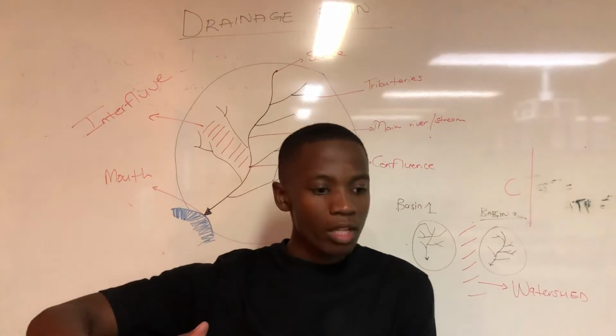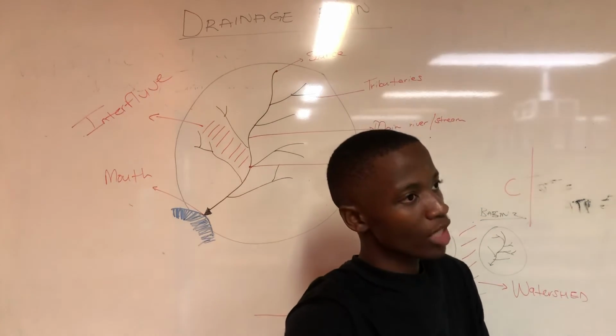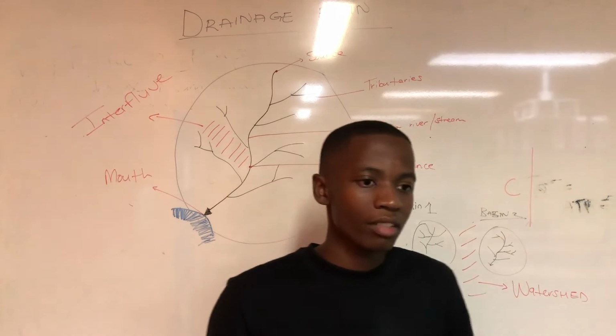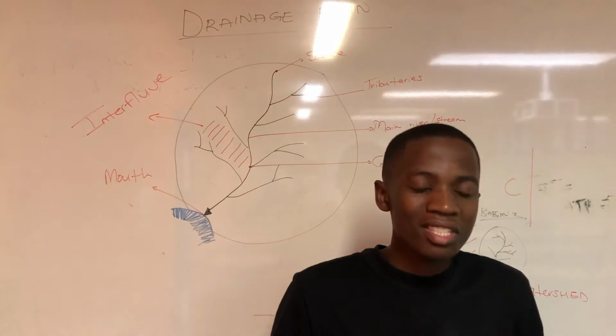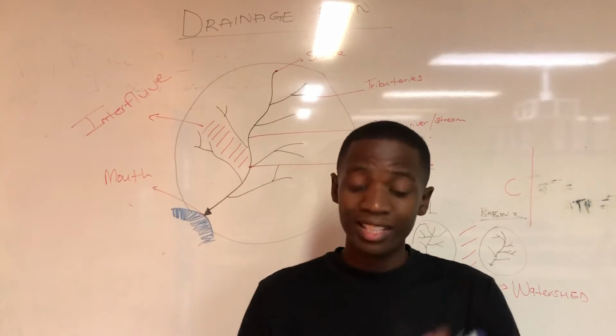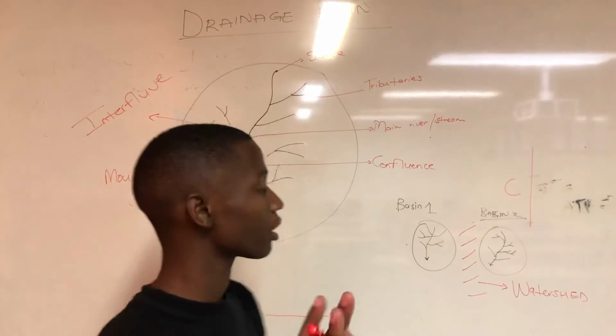Whereby the primary tributaries with secondary tributaries, or all tributaries, are meeting the river. So the river system is composed of the tributaries and the mainstream. So that's a river system.